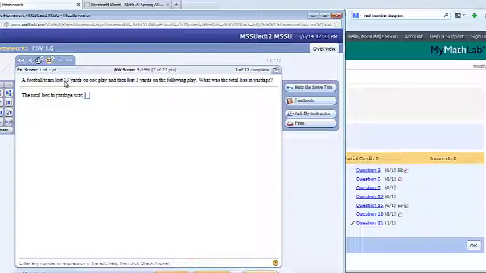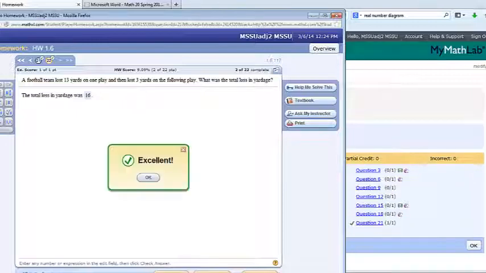So they lost 13 yards, and then they lost another 3 yards. Do you think we're going to be adding these or subtracting these? To get the total amount of yards lost, we're going to be adding these. So we have 13 plus 3, which will give us 16. We lost a total of 16 yards between the two plays. Hit enter, and that's correct.